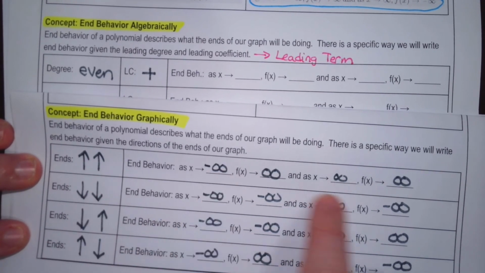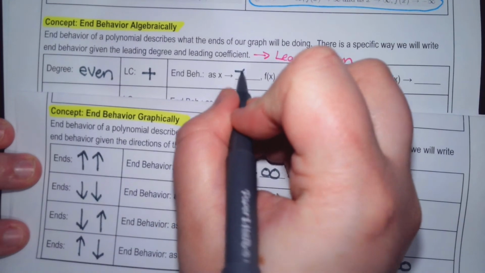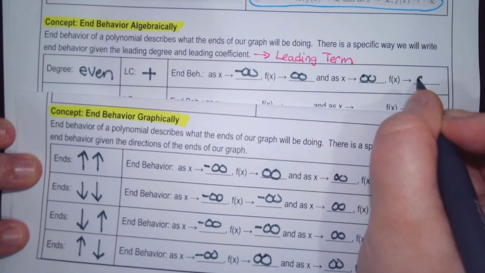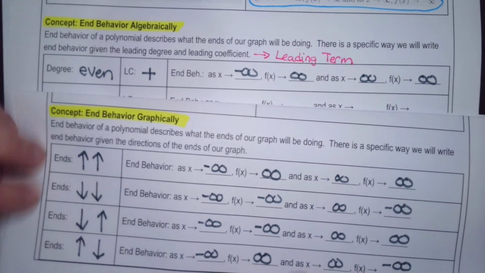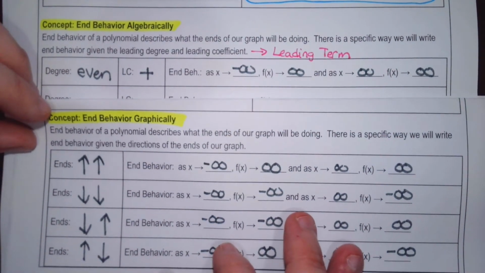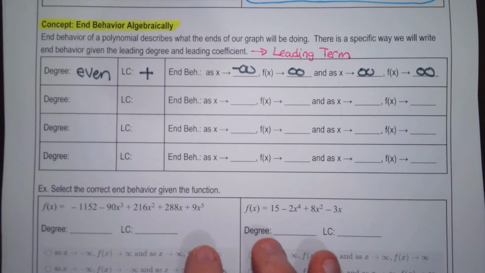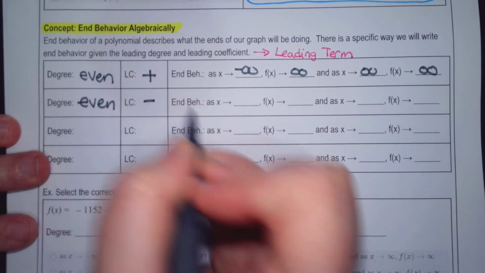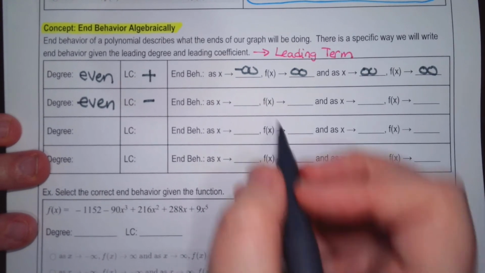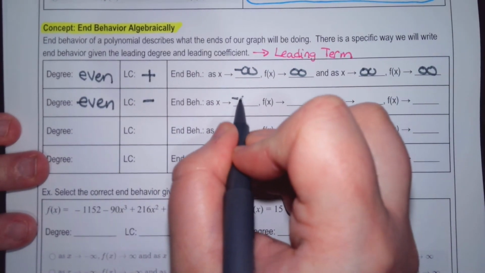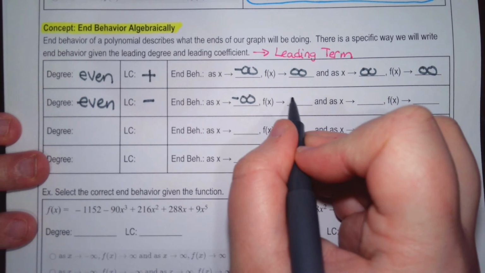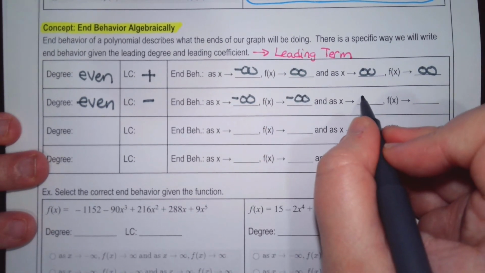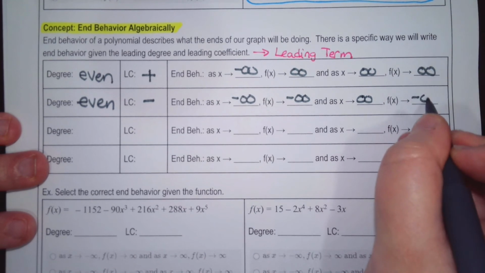So it's going to be the exact same: negative infinity to positive infinity, positive infinity to positive infinity. So they are the same. Next, even degree, but now negative. We always start our x at negative infinity, but this time it's going to negative infinity, and from positive infinity to negative infinity.